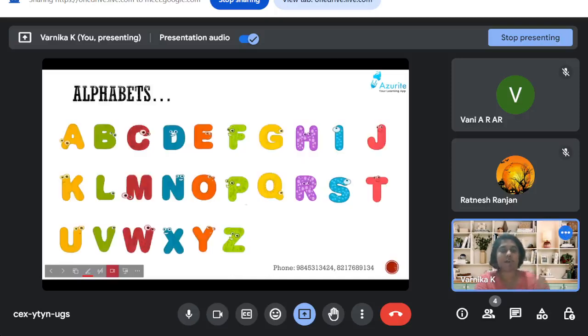All right. So in English, there are 26 alphabets. We are familiar with these alphabets, right? A, B, C, D, E, F, G, H, I, J, K, L, M, N, O, P, Q, R, S, T, U, V, W, X, Y, Z, or Z. However, you have learned it, right? There are only 26 alphabets in English, but in total, there are 44 sounds.